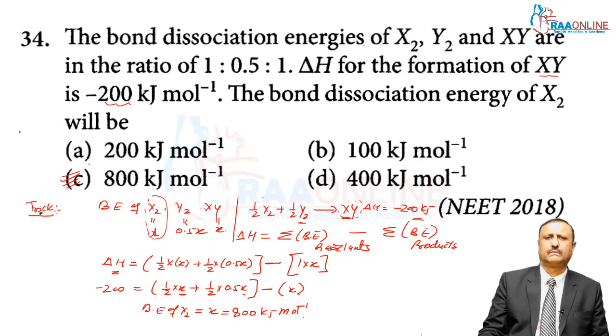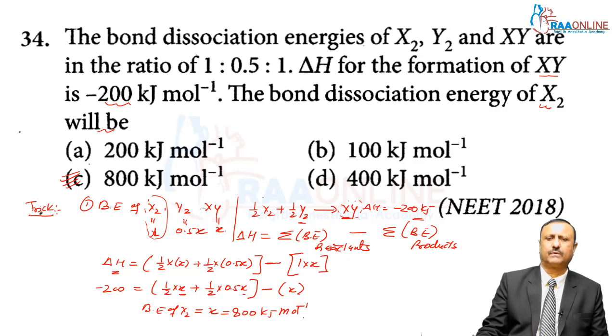First of all, we solve these equations by putting in the bond enthalpy values. The question asks for the bond dissociation energy of X2, where X2, Y2 and XY are present in a molar ratio. You put in the molar ratio, then he gives the heat of formation, then you can write the heat of formation reaction.